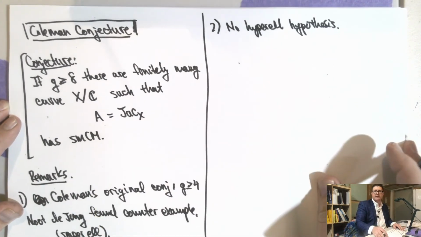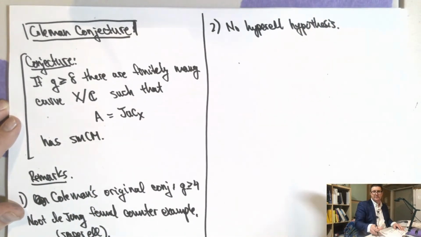So there's this conjecture. We have the stuff about lifts of Frobenius, and now I'm going to put it together. So what is the Witt-finitesimal Torelli problem?